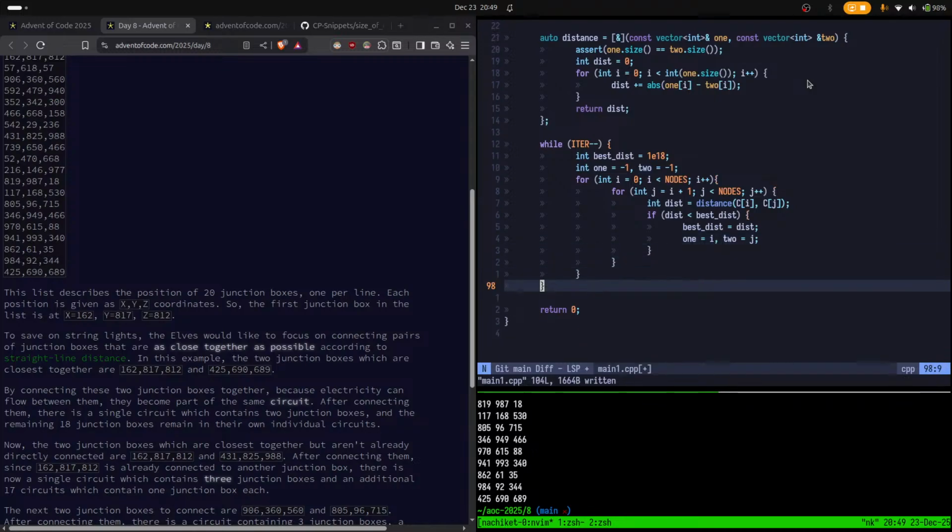These two are found out. Assert, or do I need to assert? I mean, we will always find pairs, but one more thing: there will only be a single pair that is the smallest. This loop will basically select that pair every time.